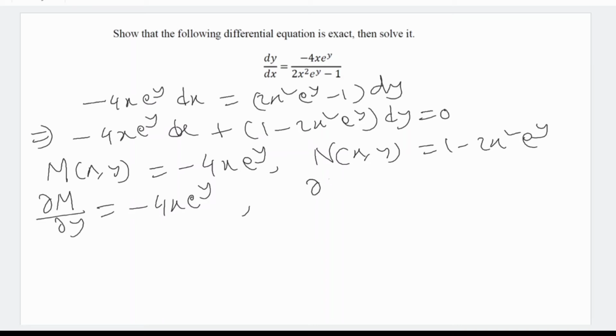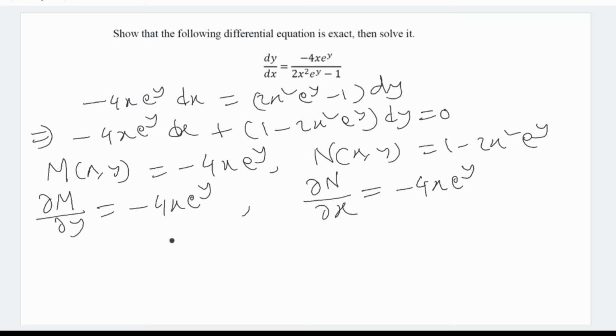Similarly, del N del x, we find the derivative partially with respect to x. So this will be minus 4x e power y.